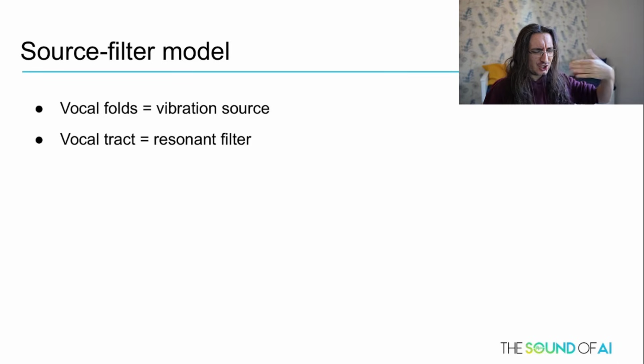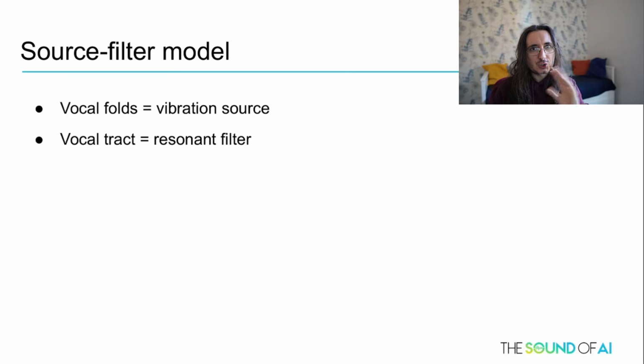So we have a source of sound or a vibration source that's created by the vocal folds, and we'll see how that happens in more detail in a second. But then we also have the vocal tract, so the oral cavity, the nasal cavity, and all the other elements we have above our vocal folds that create a sort of resonant filter.